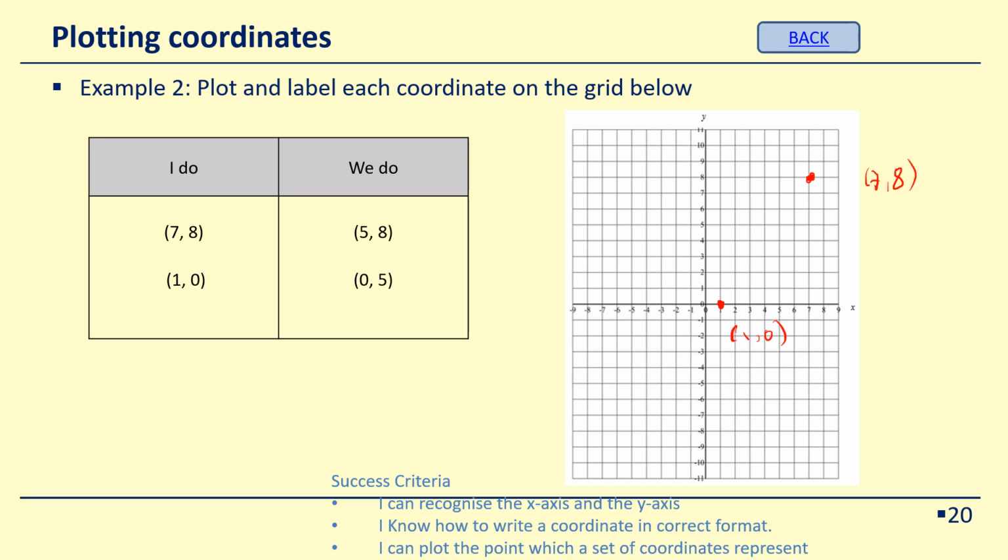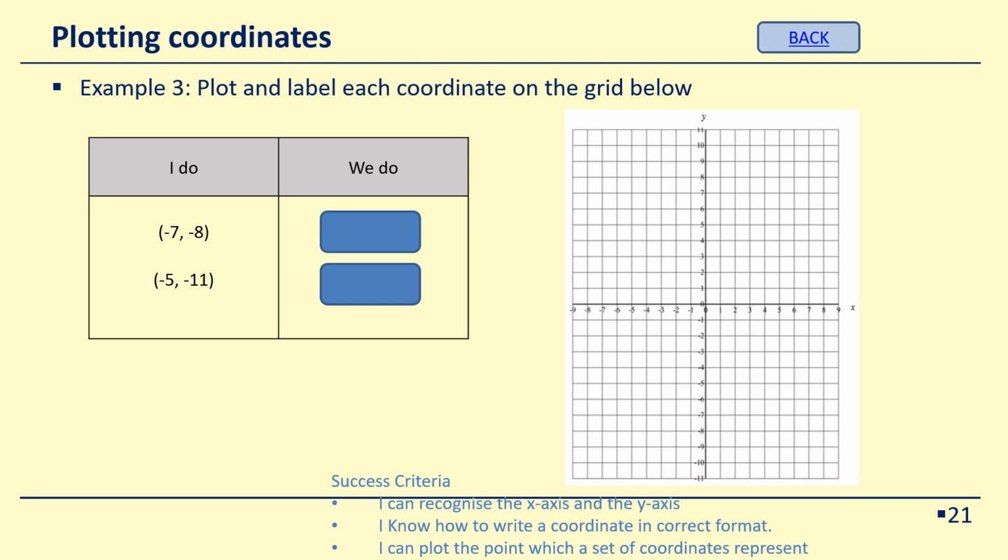Right, (5, 8). So (7, 8) was there, (5, 8) is going to be here. Now (0, 5): none across. Remember, you start from the origin, none across, and 5 up.